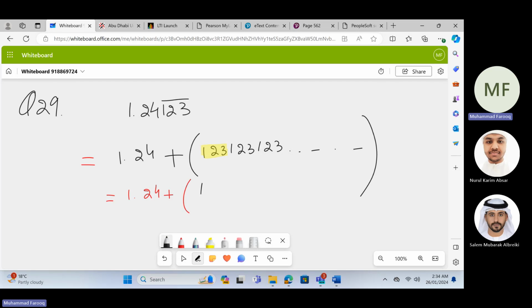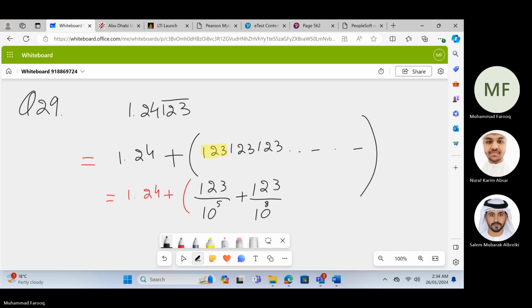So my first group will be 123 divided by 10 power 5, plus 123 over 10 to the power of the next group. How much will my decimal move for the next group? 123 divided by 10 power 8.